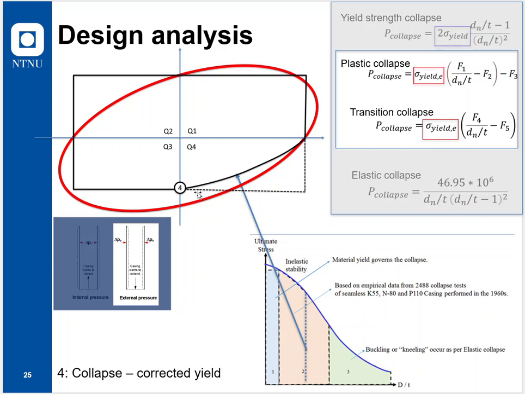Plastic and transition collapse will have a curvature on the inside of the yield strength here, and when it comes to yield strength itself, it would follow the von Mises, and point 4 would be on the intersection here. I hope that clears up the question about collapse, and I'm sorry for the confusion. I hope that is okay now.